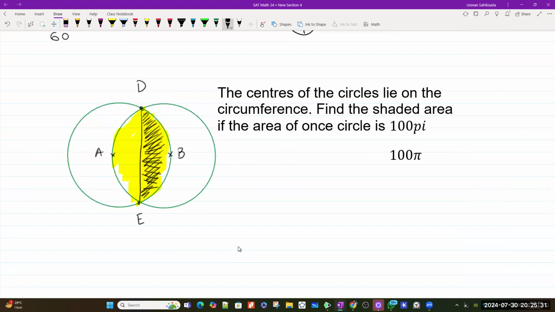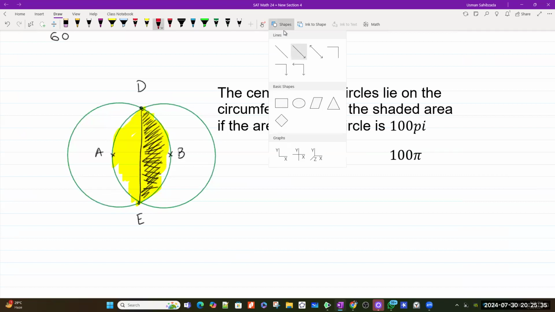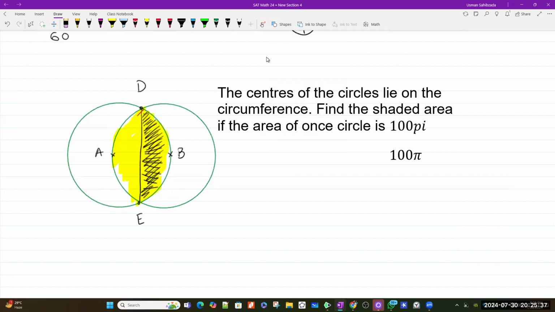You need to recognize that this area is a segment. How is it a segment? If you notice, it's inside the sector, but outside the triangle, where DE is a chord.